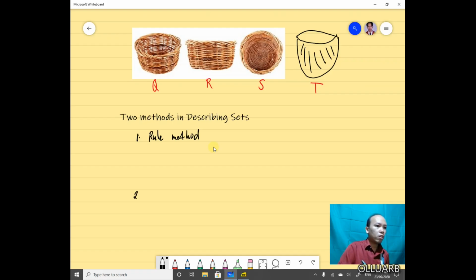And the second one, I will leave a blank space here, is the roster method. In other books, the other term for the rule method is set builder, set builder notation.